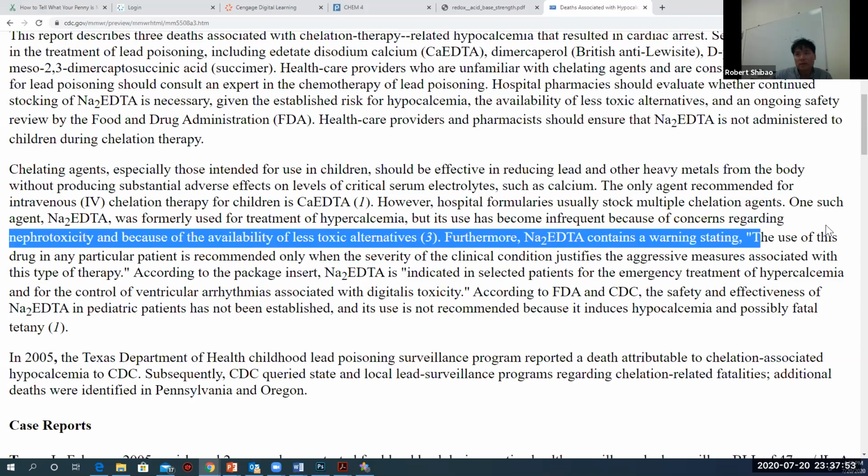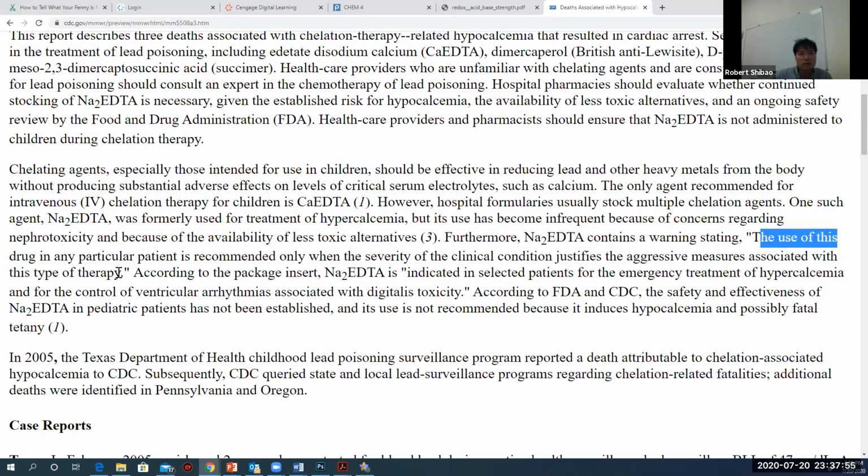Sodium EDTA said the use of this drug in any particular patient is recommended only when the severity of the clinical condition justifies the aggressive measures associated with this type of therapy, so it's only for severe cases of lead poisoning. And so obviously sodium EDTA is like the drain cleaner, and calcium EDTA is like the milk of magnesia, right?